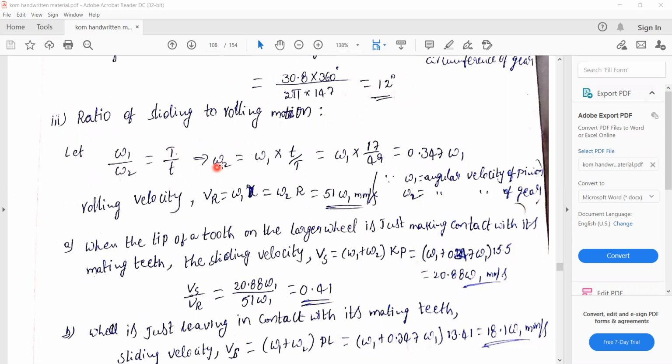So omega 2 equals omega 1 into small t by capital T. So we have the relation between omega 2 and omega 1. Just substitute the small t and capital T. Then omega 2 equals 0.347 omega 1.